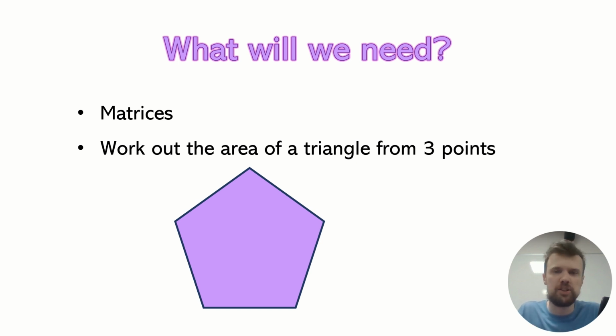A pentagon could be split up into 3 triangles. So if you can prove this effect works on any triangle, then it shows it works for any polygon, because any polygon can be split into individual triangles that each individually have this effect applied to them. So that's why we're doing it this way today. I hope you enjoy.